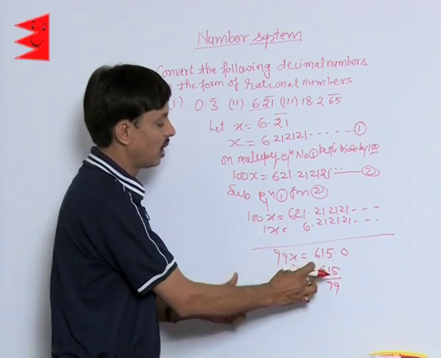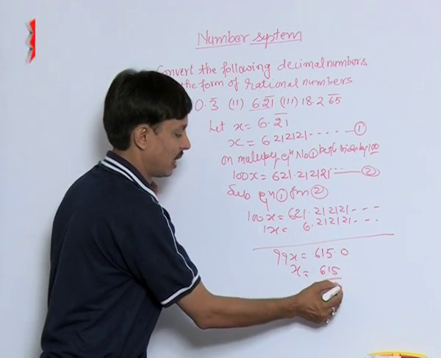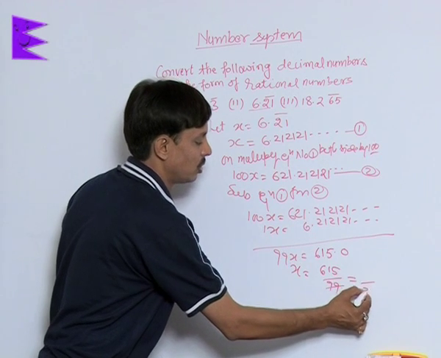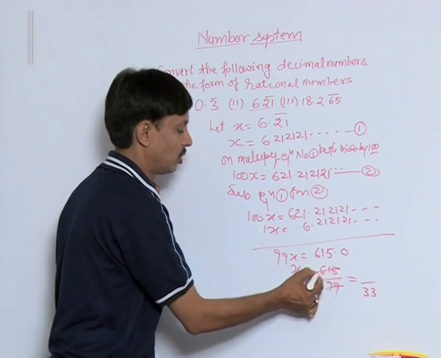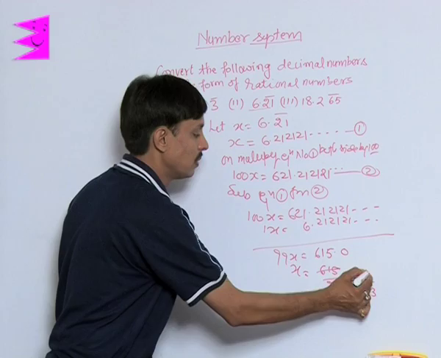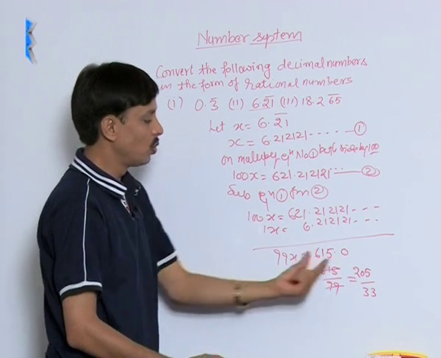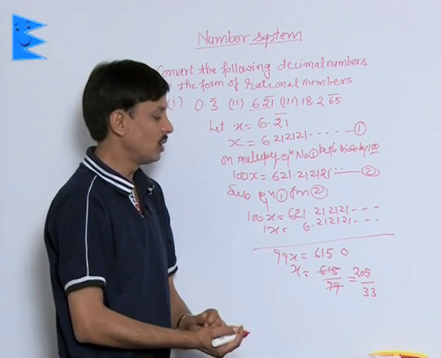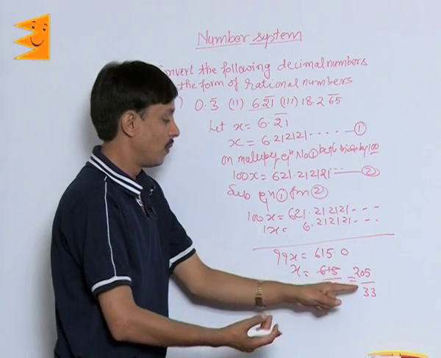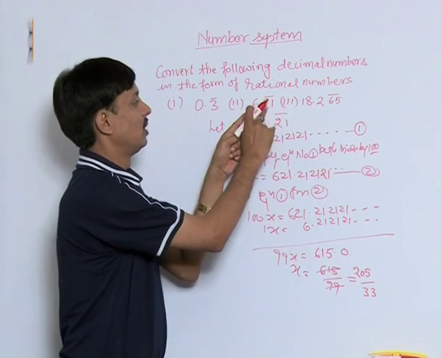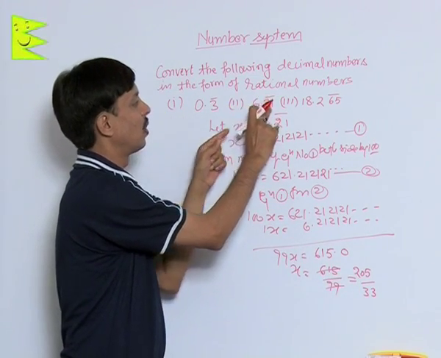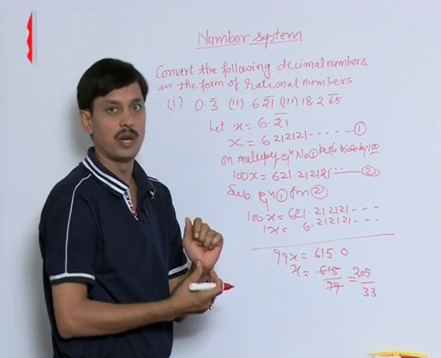You can convert it to the simplest form, 3 33s are 99, 3 205s are 615. So 205 upon 33 is the value whose non-terminating decimal form is 6.21 bar.